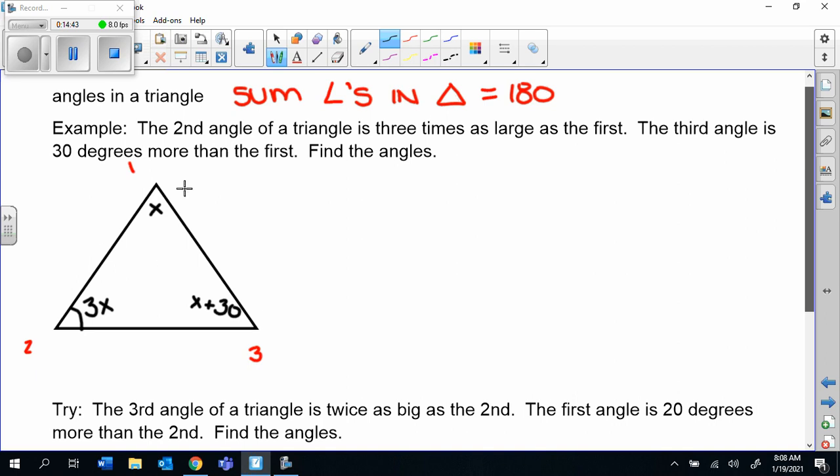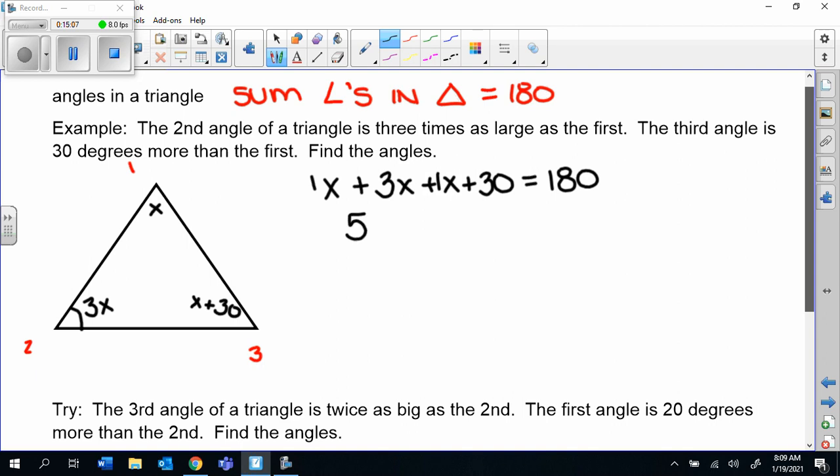So one of your 3 angles, when you try these, one of them has to just be plain old x. And then we're just going to write a really long expression, x plus 3x plus x plus 30, and then we're going to set that equal to 180. So 1 plus 3 is 4, plus 1 more is 5.